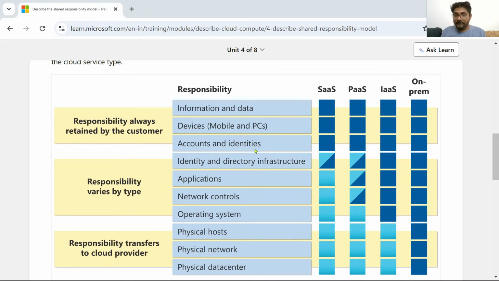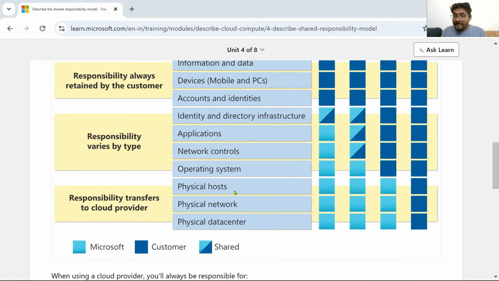Accounts and identities, where to maintain and manage accounts. For example, somebody would have edit access, somebody would have only read access, only view access. All this you manage as a consumer. Now, physical host, maintaining the physical hardware, security of the space, everything you have to do when you are using on-prem because it's your own.